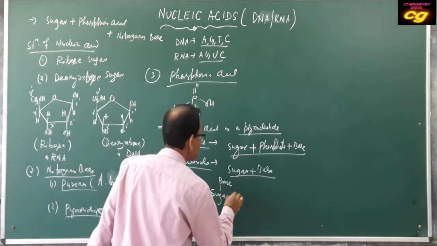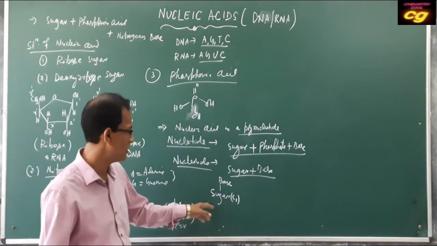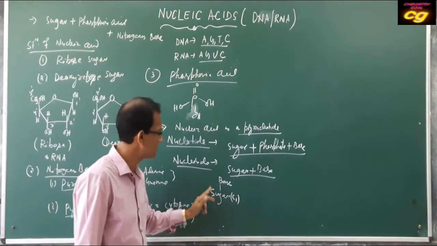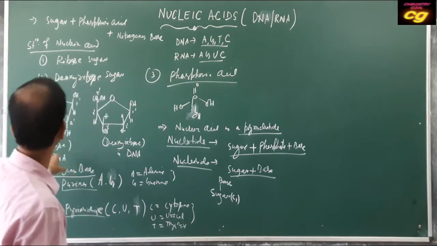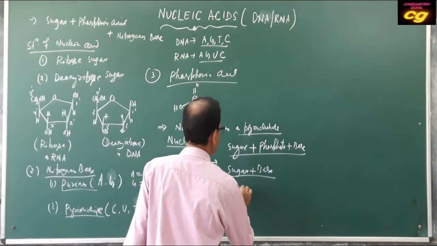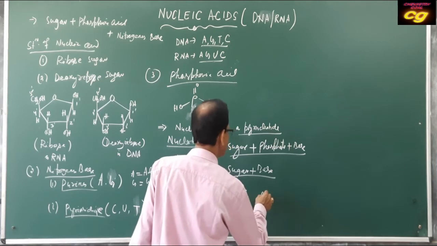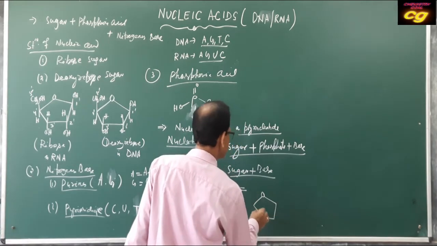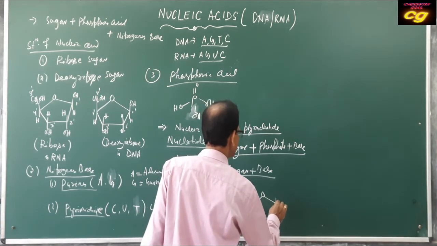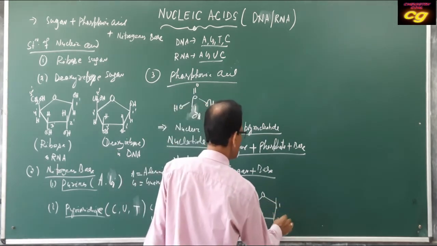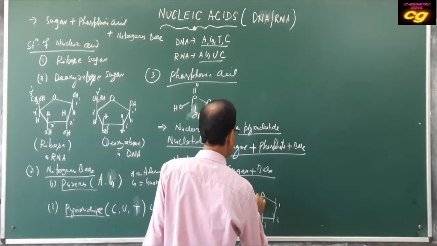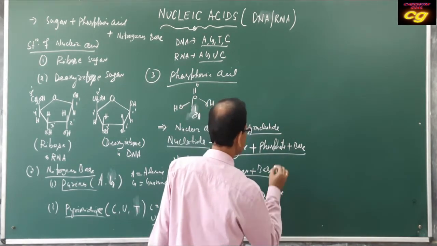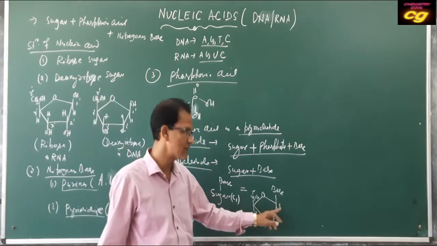Here is carbon C1. We already discussed that sugar has C1, C2, C3. The C1 position is attached to the base. For example, if you take ribose, this is 1, 2, 3, 4, then CH2OH, then 5, and the base is attached to sugar at the C1 position.